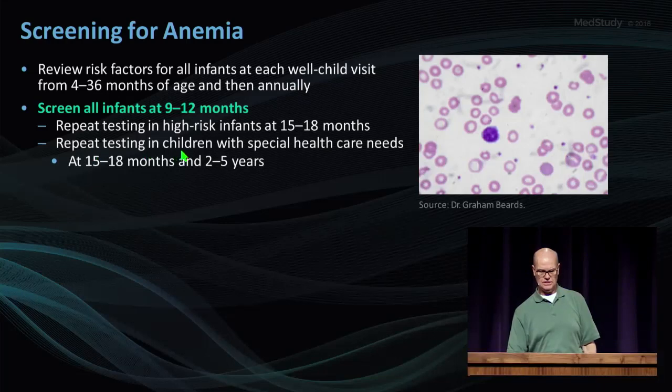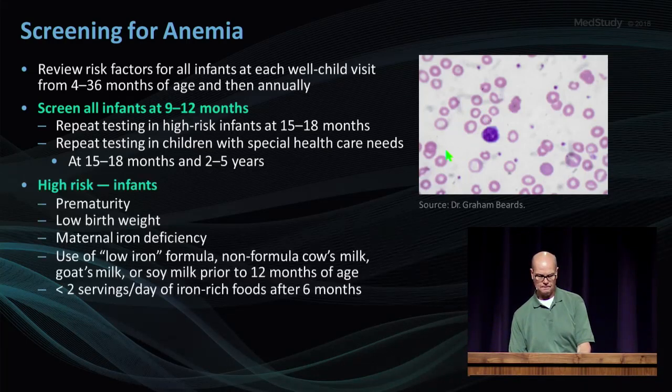Again, repeat testing, and in many states this is routine at around 2 years of age, and especially in the Medicaid population. You can see these cells are very small, they're very hypochromic. The vast majority here, this is perhaps a reticulocyte here, that's why it's got more hemoglobin, but the vast majority are both microcytic and hypochromic.